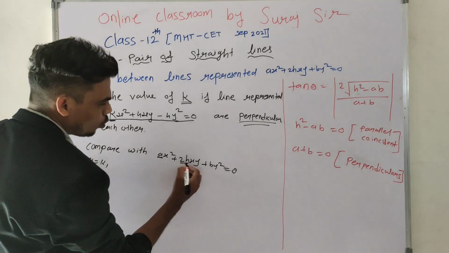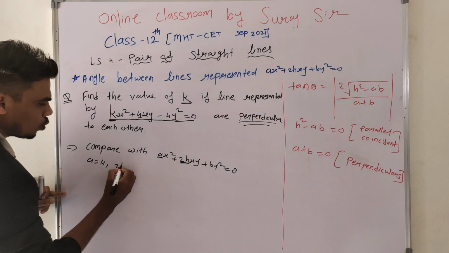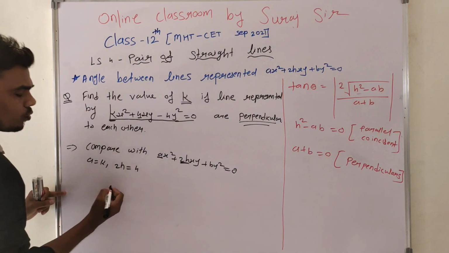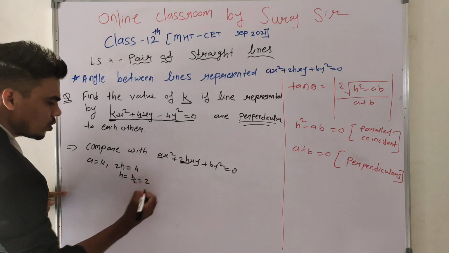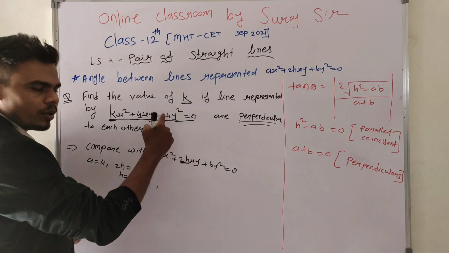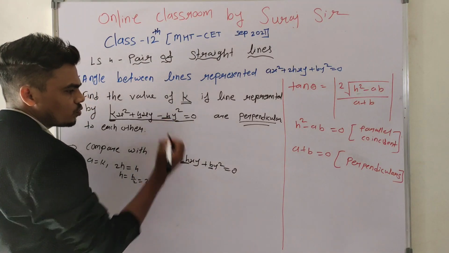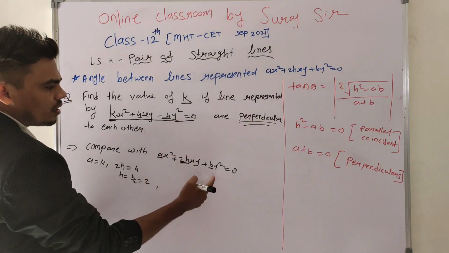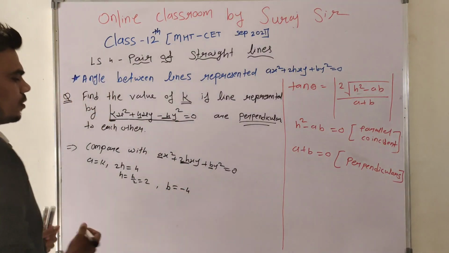Then what is the value of 2h? 2h is equal to 4, so h is equal to 4 by 2, that is 2. Clear? Then what is the value of b? B is equal to minus 4. Compare with like terms. Clear?